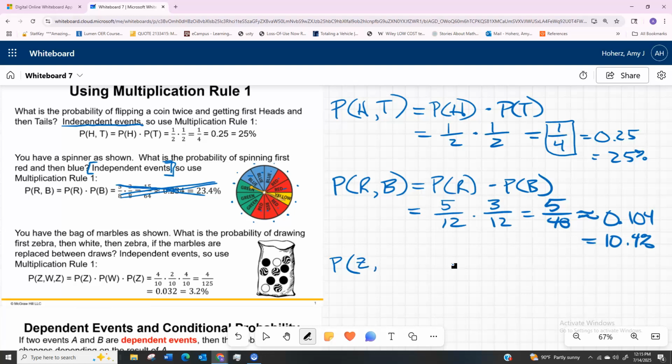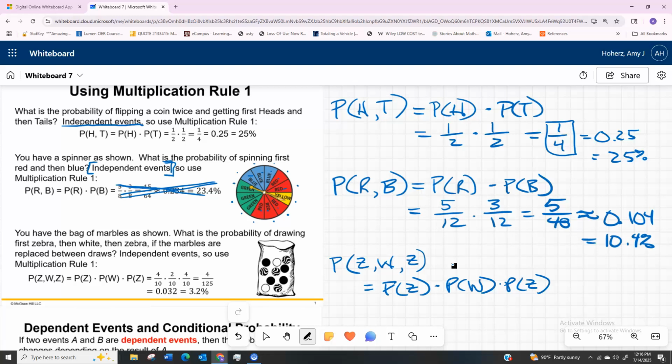This one is the first one that we've had more than just 2 events occurring. But we can use this multiplication rule for as many events as we have. So this would be equal to the probability of getting a zebra on the first draw times the probability of getting a white on the second draw times the probability of getting a zebra on the third draw.